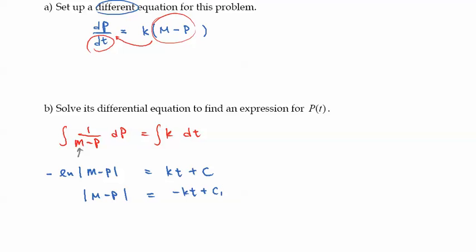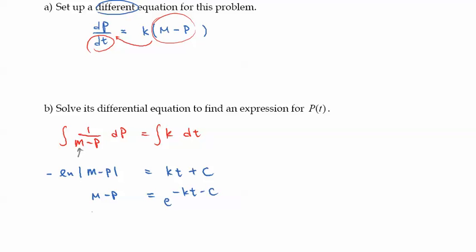Let me call it constant c1, and then here comes with a base e. If you don't like using c1, you can keep it as minus c, but it basically wouldn't affect anything. And since we're talking about positive concept, I can simply remove the absolute value and have m minus p instead.